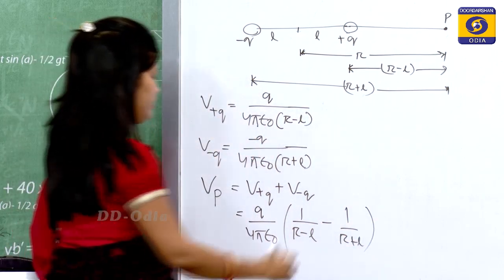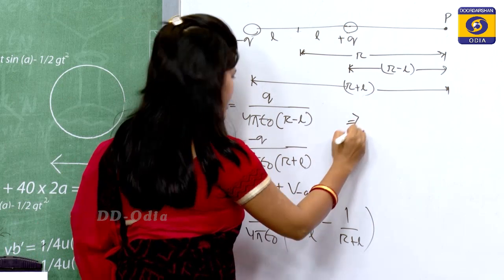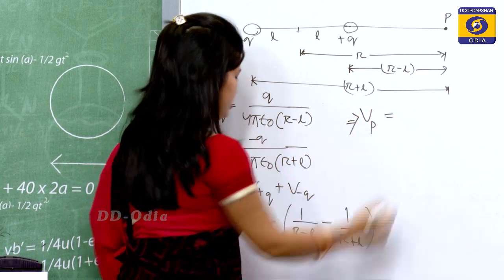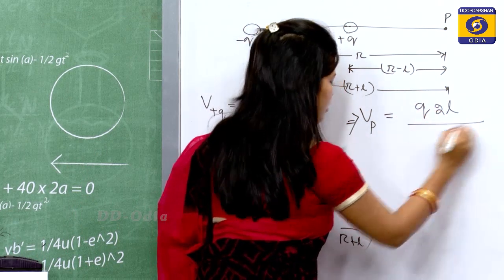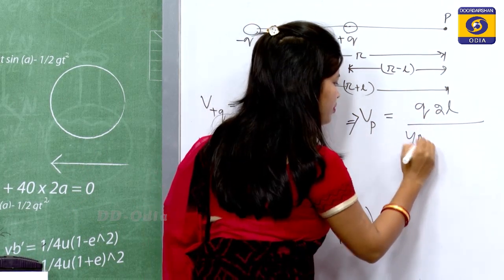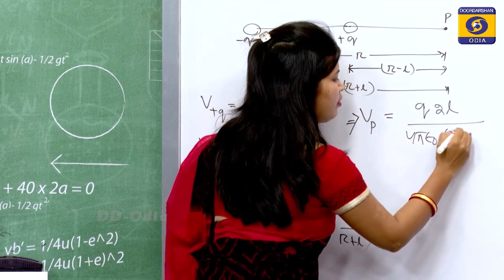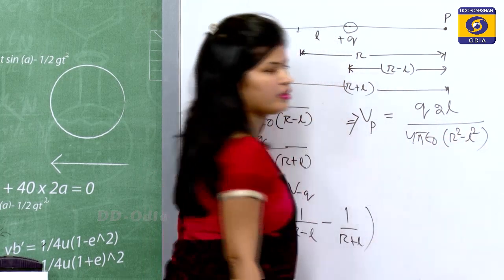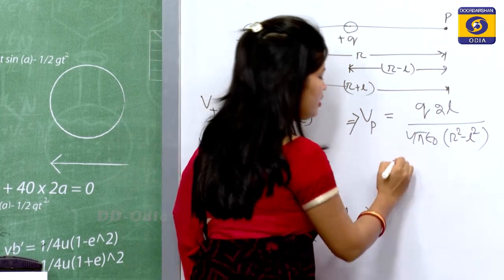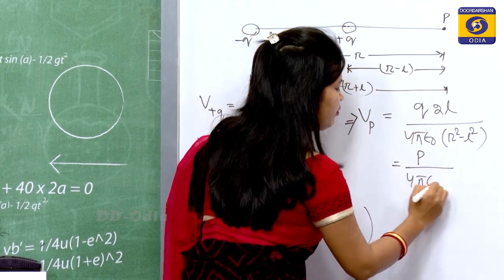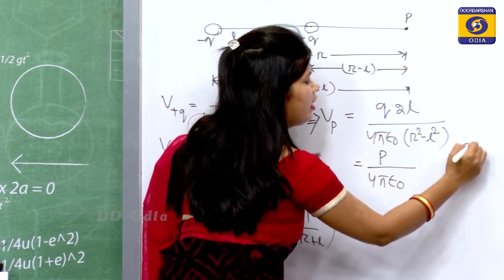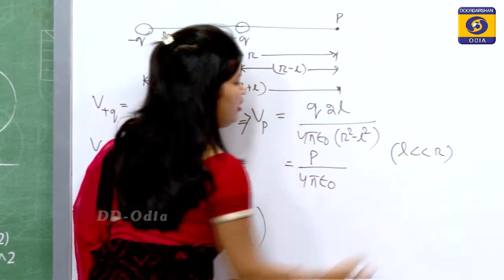So, I will find that V_P is equal to q 2L upon 4 pi epsilon naught (r square minus L square), and q 2L is the dipole moment. So, P by 4 pi epsilon naught, as L is very less than r.